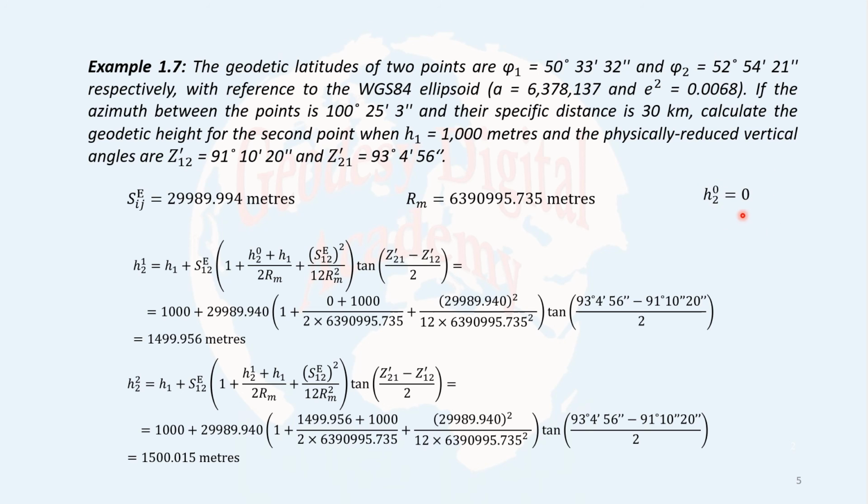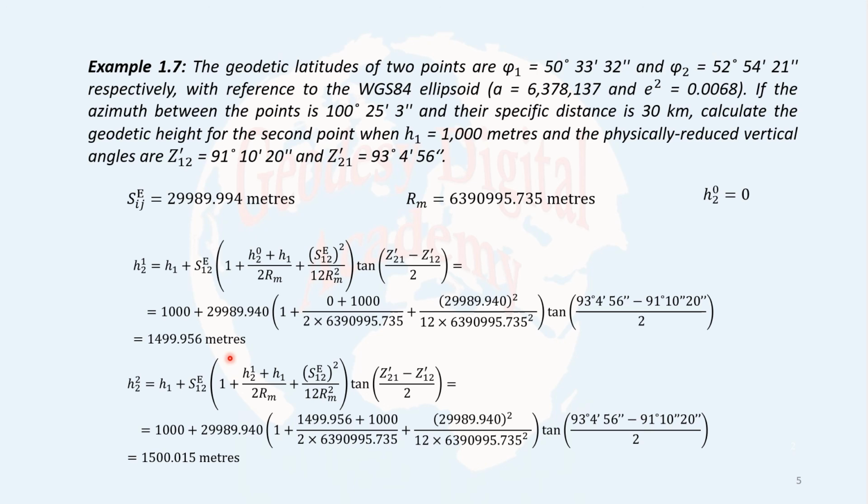Insert the values in the formula, and when you compute it, you come to a height which is close actually to the 1,500, which we already know is the height of the second point.